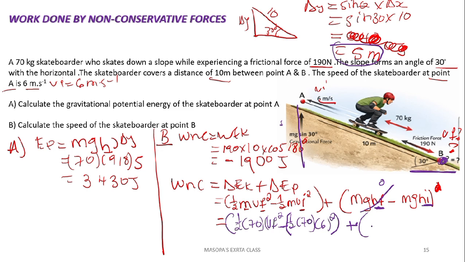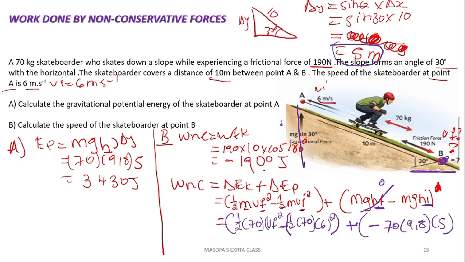Then minus the mass 70 by 9.8, and the initial height was 5. When you substitute, how much are you getting?